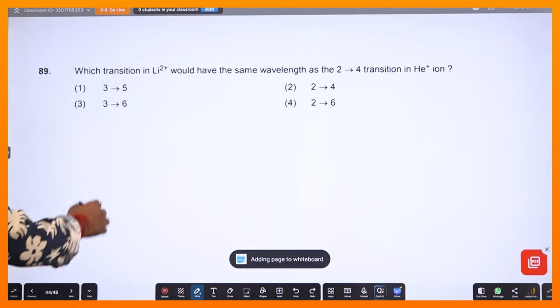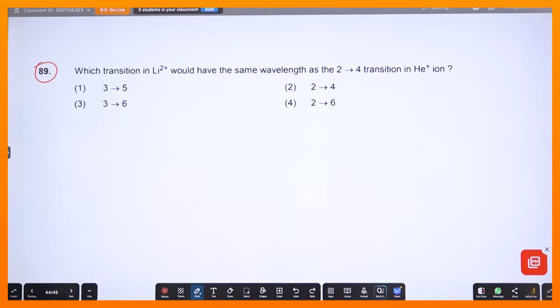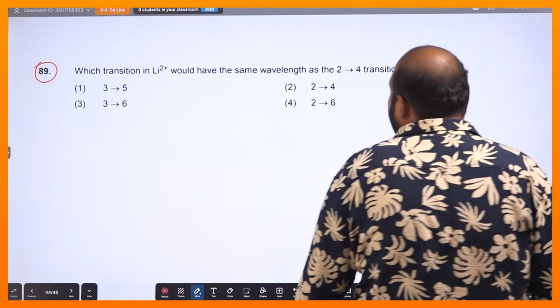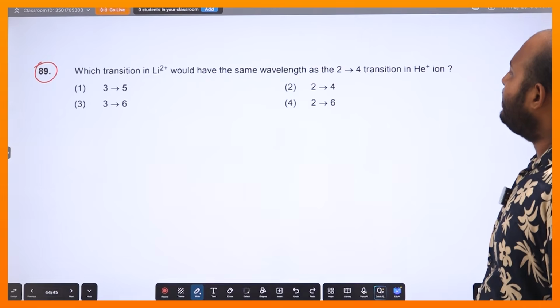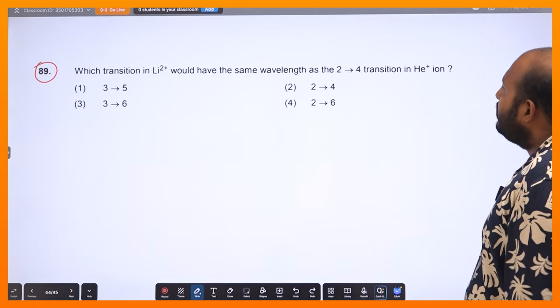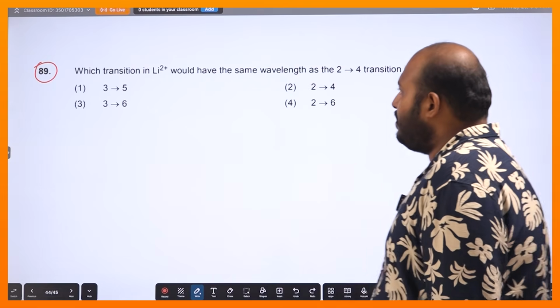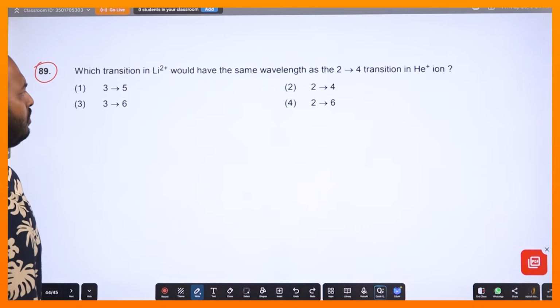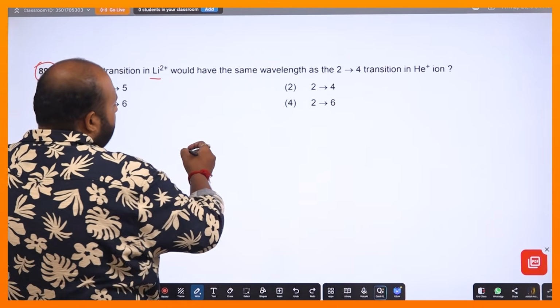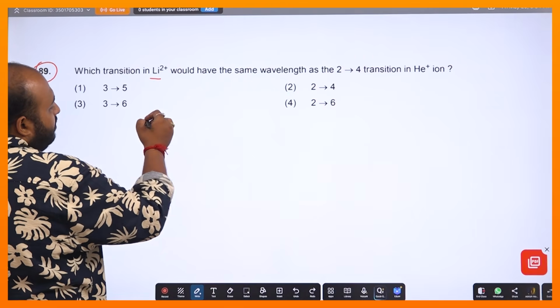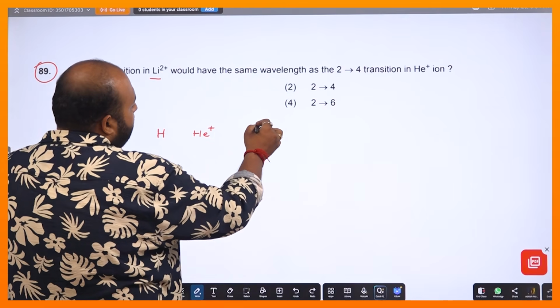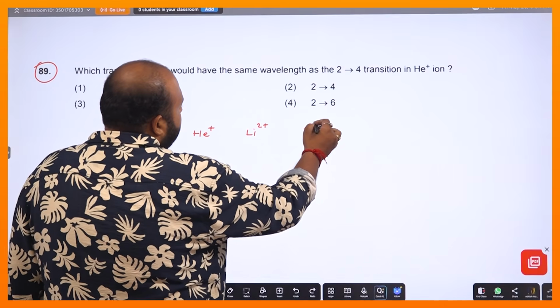So this is a very beautiful question from atomic structure. Which transition in lithium 2 plus would have the same wavelength as the 2 to 4 transition in helium plus? So let me give you a shortcut to solve this part. Suppose it is given hydrogen, helium plus, lithium 2 plus, beryllium 3 plus.